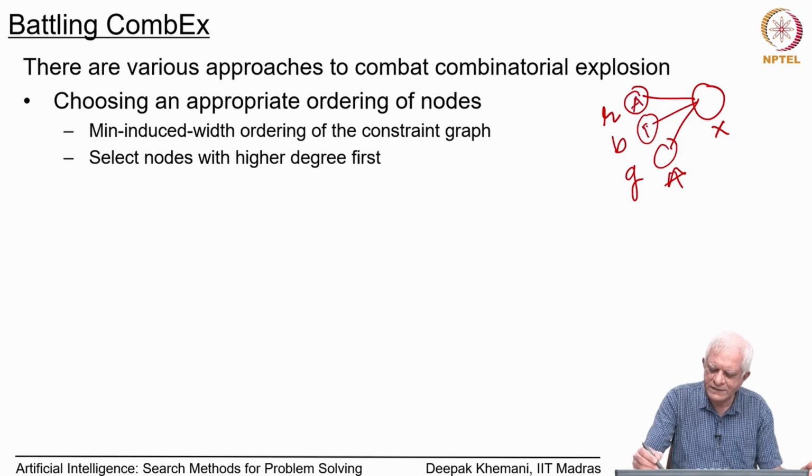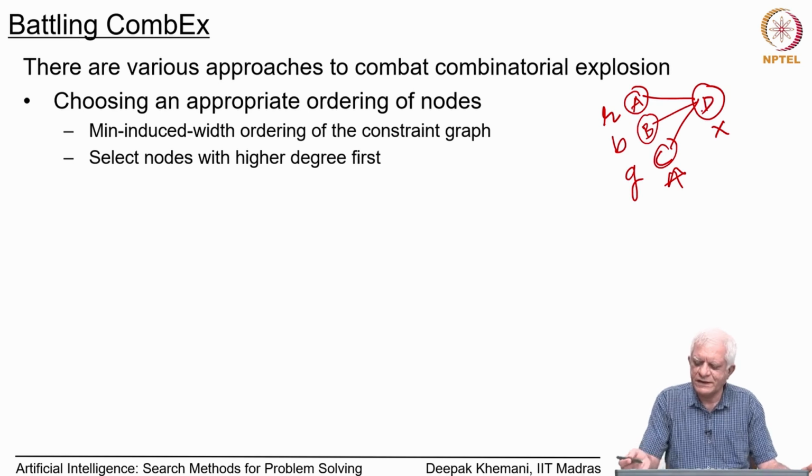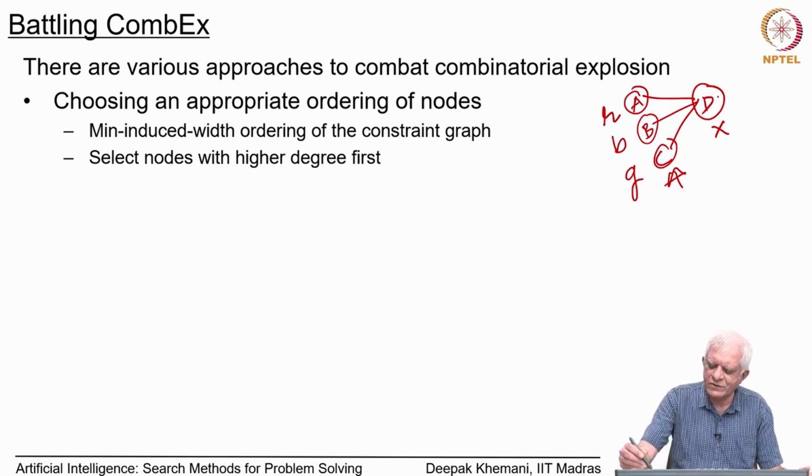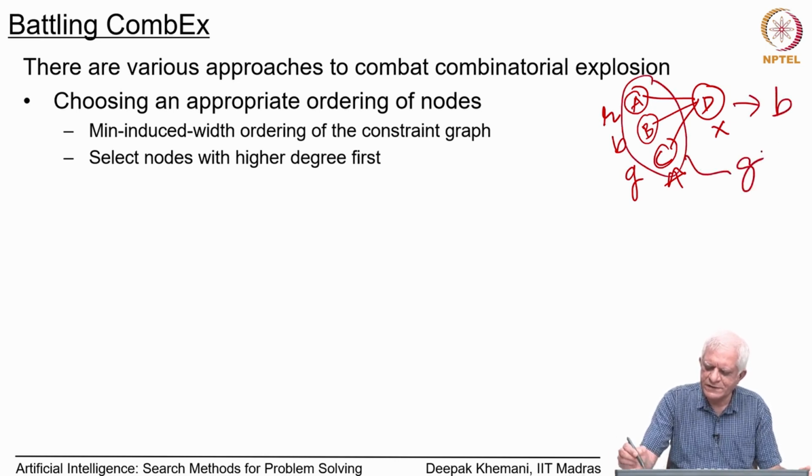So, if you try A, B, C and then you try D, then you fail, but if you try D first, then in fact you can see that just 2 colors are enough. Let us say you color D with B and then all 3, you can color with G essentially. With just 2 colors you can color the whole map, and the difference was in the order in which you tried the variables.